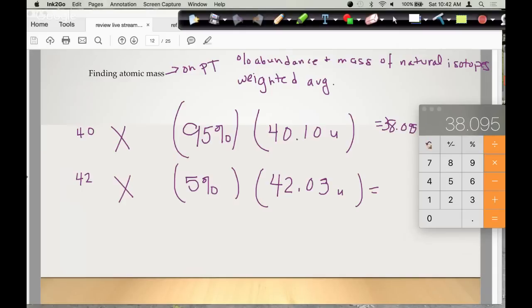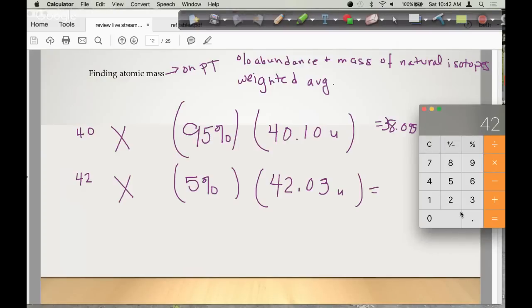And I'm going to clear that. So I gotta go back to mouse. I'm going to clear that, and I'm going to do 42.03 times 5%, or if I wanted to move it back, I would do 0.05, and I get 2.1015.